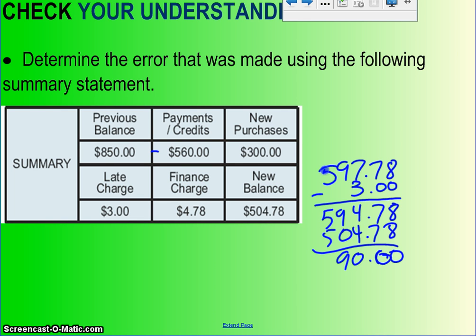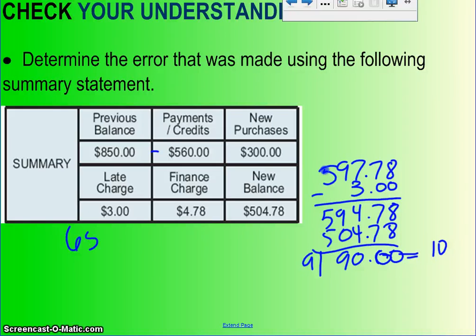And what that gets us into is the rule of nines. Whenever you see an error and it is divisible by 9, so in this case 90 is divisible by 9 and I get 10, what a lot of times happens is some sort of transposition. Now what is a transposition?